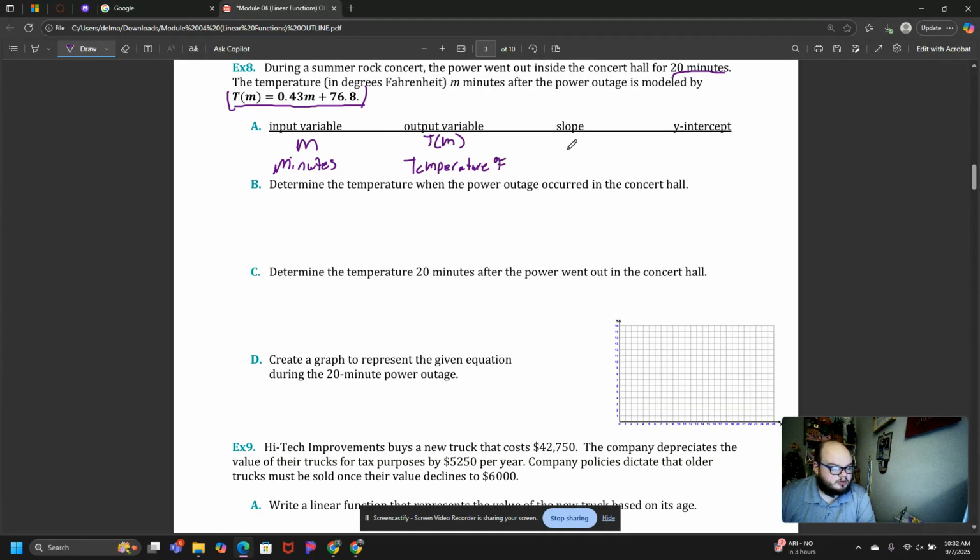The slope is 0.43 degrees Fahrenheit per minute, okay, because that's in front of the M. I almost said the X, you know, we're so used to it being X, but it's an M today for minutes. Okay, they can really be any letter. You just have to remember that it's the same format. Okay, and then 76.8, as I said, that was your y-intercept, or the temperature when the power went out.